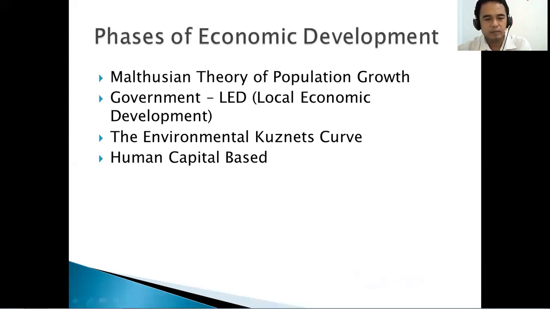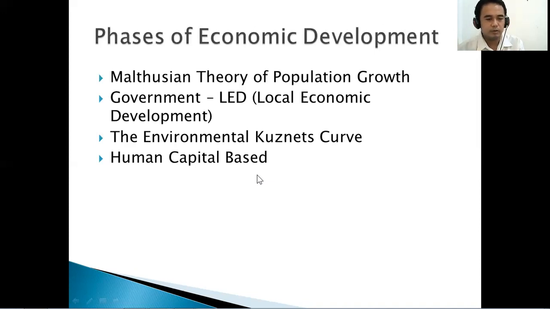So here in the Philippines, some of the citizens who have been trained will go abroad and work there. And of course, the government will receive additional taxes for those working abroad.